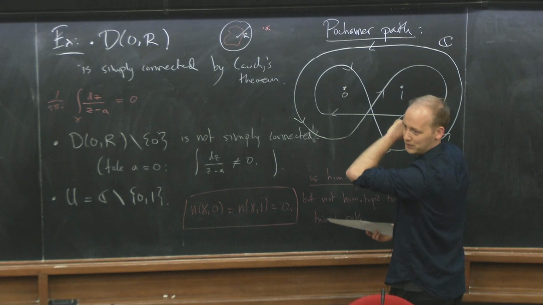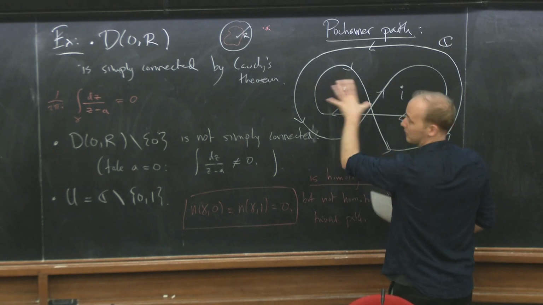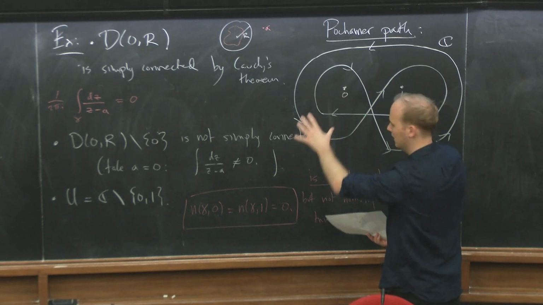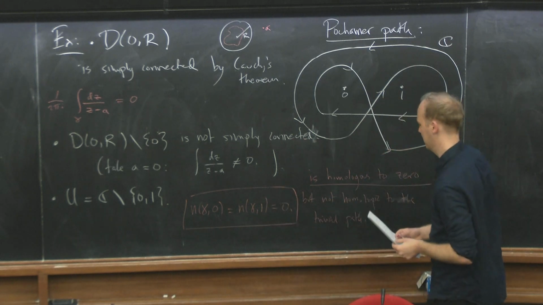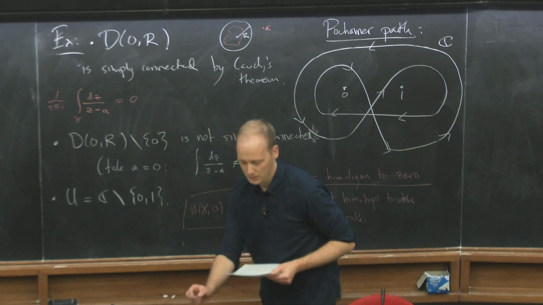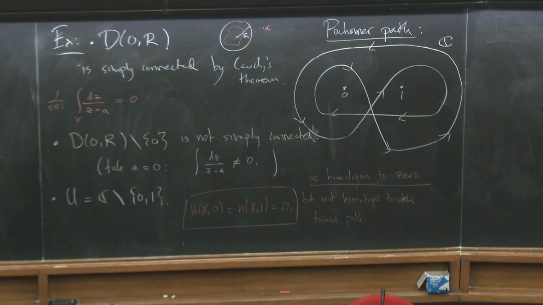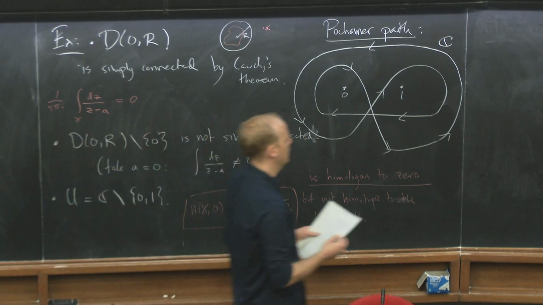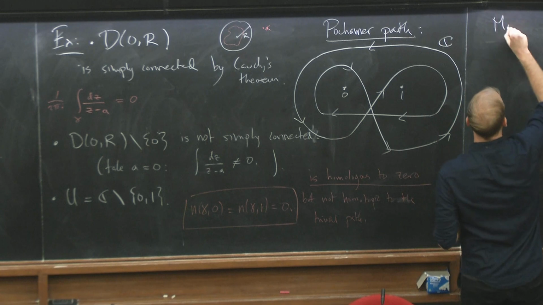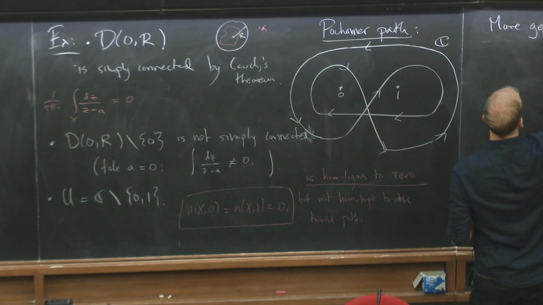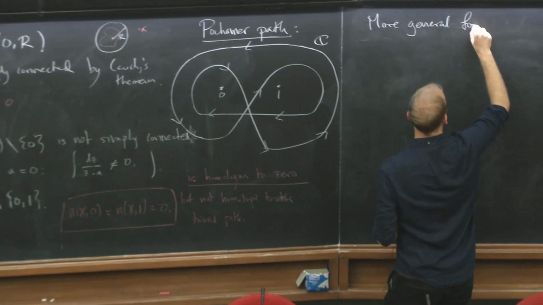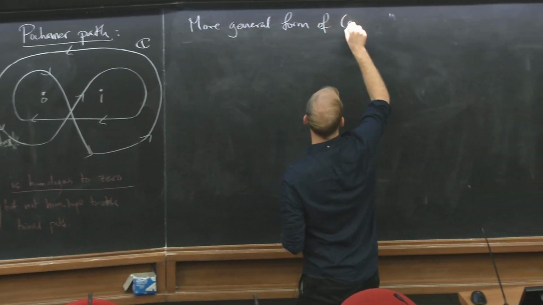This is the intuition. This is going to happen in both these cases. So actually, you can check that the winding number is 0. And so those were a few examples. And now I can just state the more general form of Cauchy's theorem.